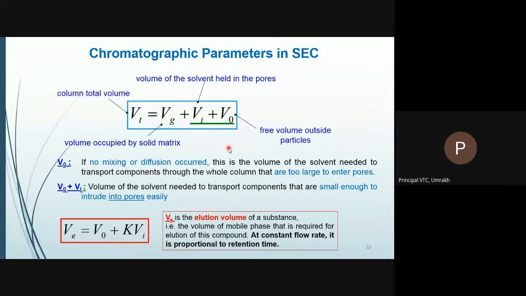The total volume Vt is equal to Vg plus V0, or Vt is equal to Vg plus V0 plus Vi.